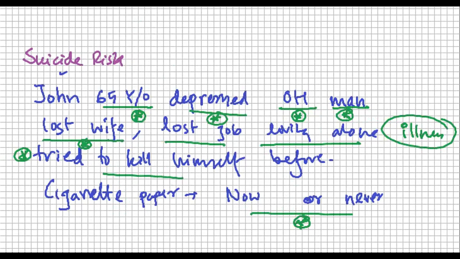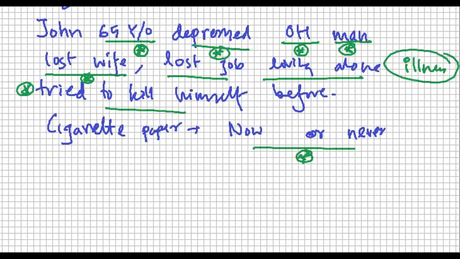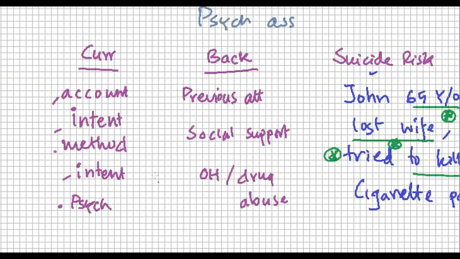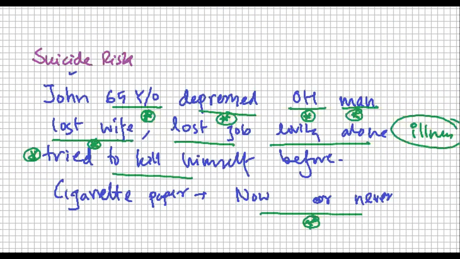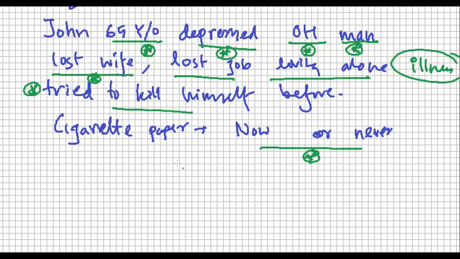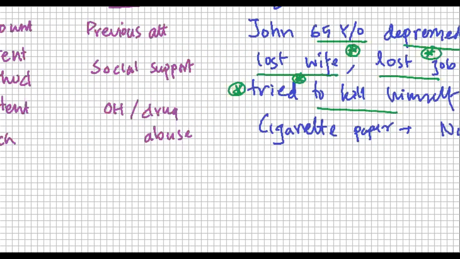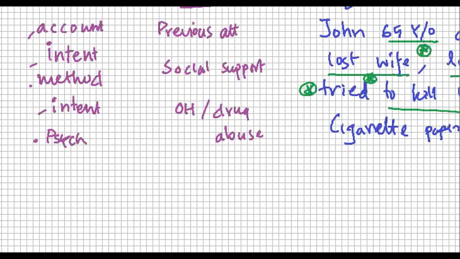So where were we in the assessment of a patient with self-harm? The step we are in right now, we have done a psych assessment, the current attempt, the background history, and we have assessed the suicide risk of the patient. After the psychiatric assessment, the next step will be to plan according to the assessment.